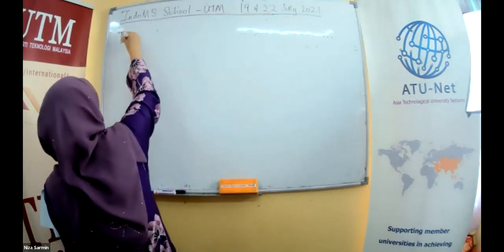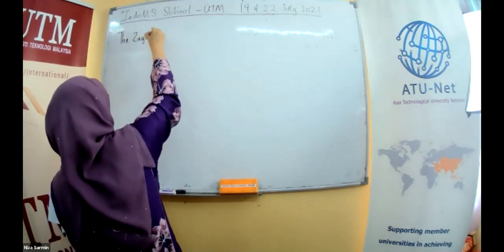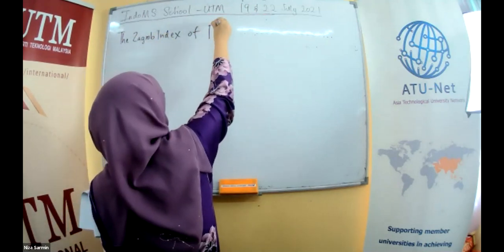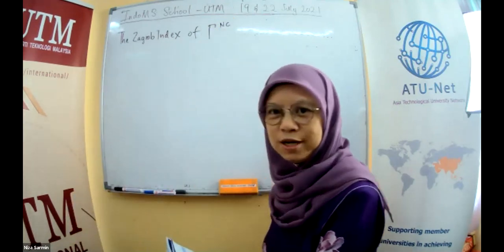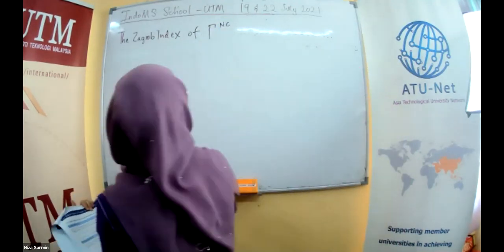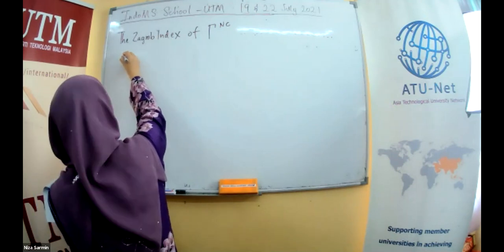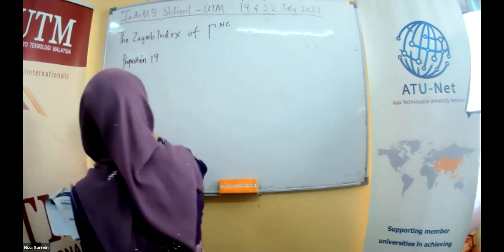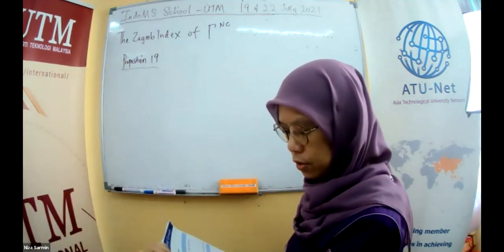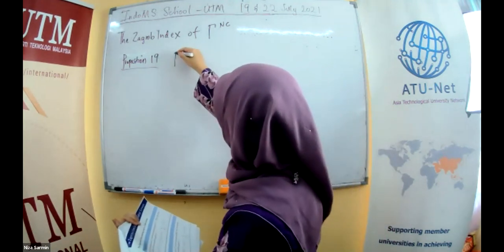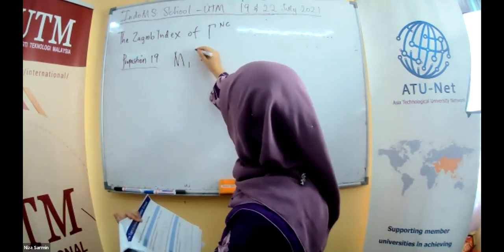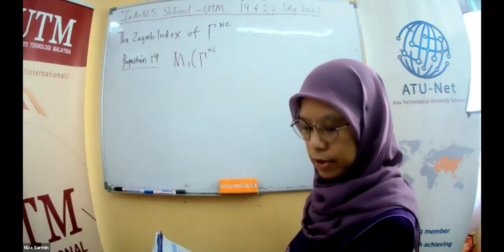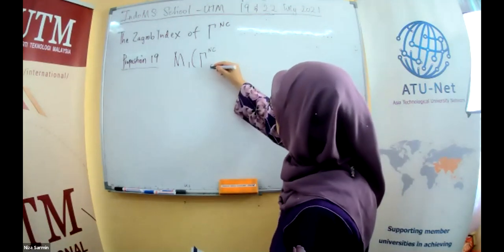So the Zagreb index of the non-commuting graph, I call it proposition 9. I just write this out.